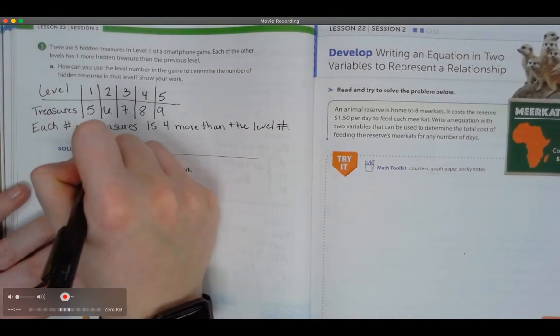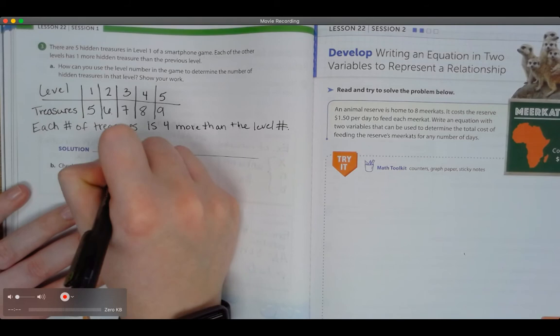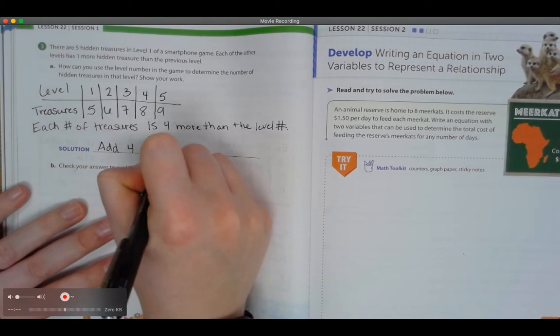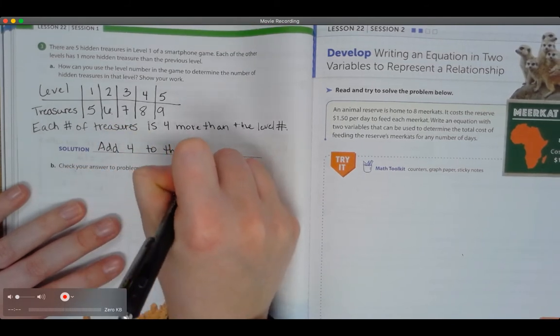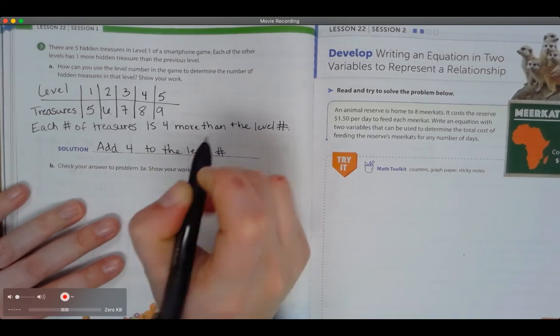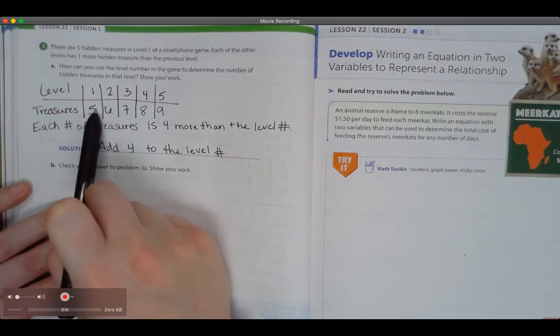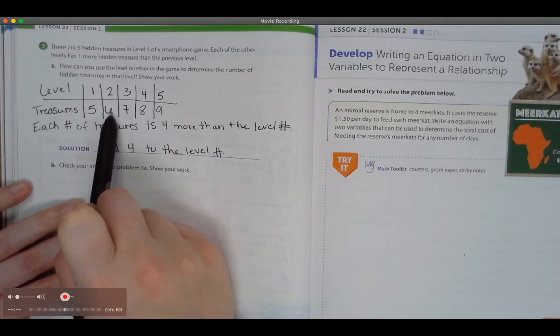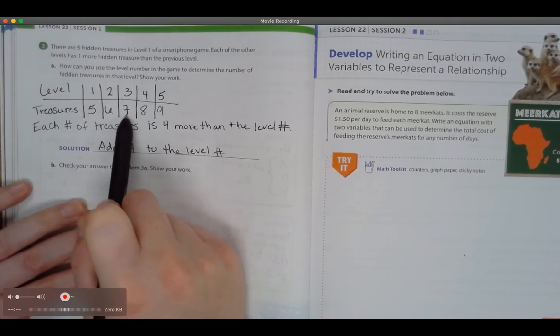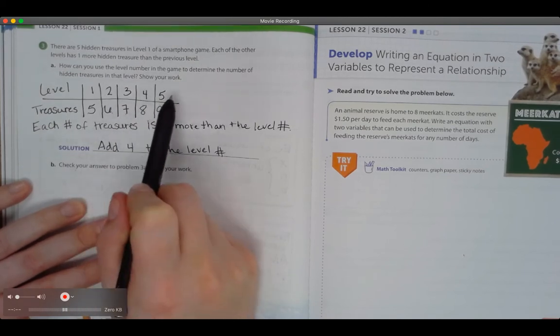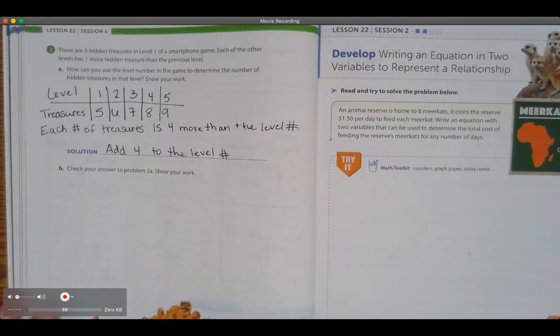So we could say just add 4 to the level number. Let's make sure that's true. 1 plus 4 equals 5, 2 plus 4 equals 6, and 3 plus 4 equals 7. 4 plus 4 equals 8, and 5 plus 4 equals 9. So yes, it is true.